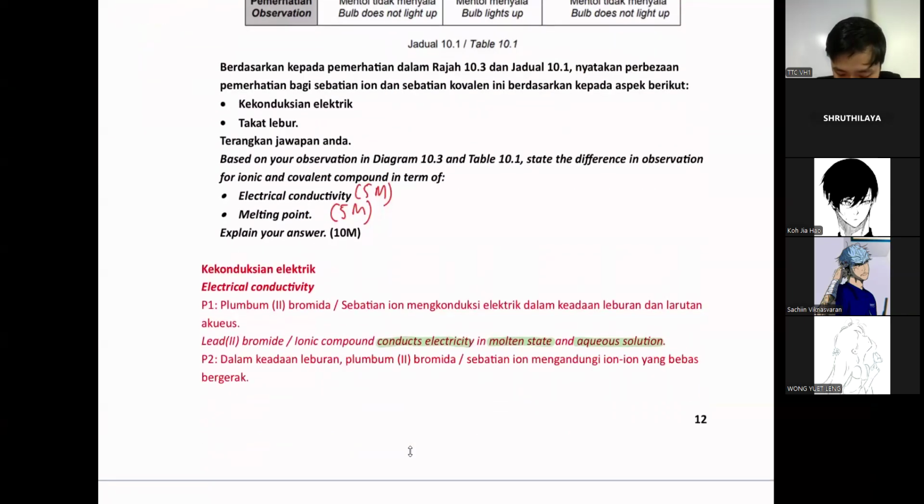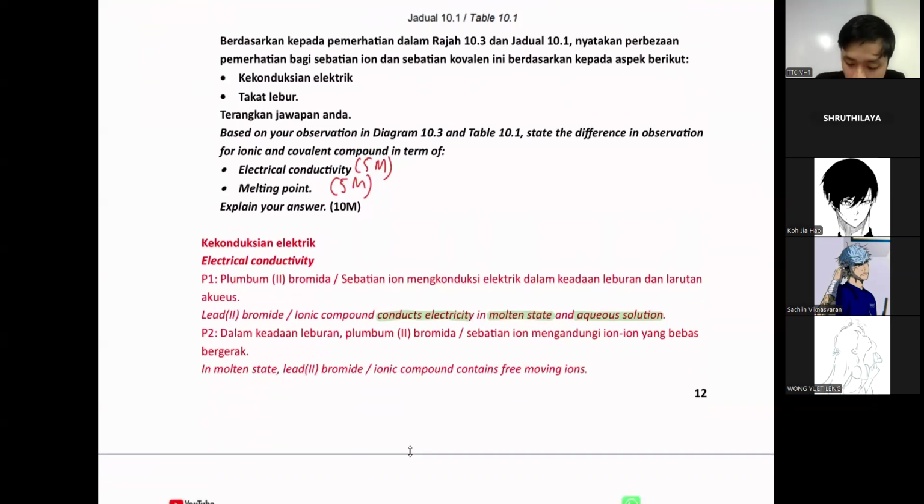So for the second point, because the electrolyte consists of free moving ions. Your ions in solid cannot move, no freedom. Only when you dissolve in water or it becomes liquid can the ions move freely. Then the ions become active, can carry the electrical current, can move around.